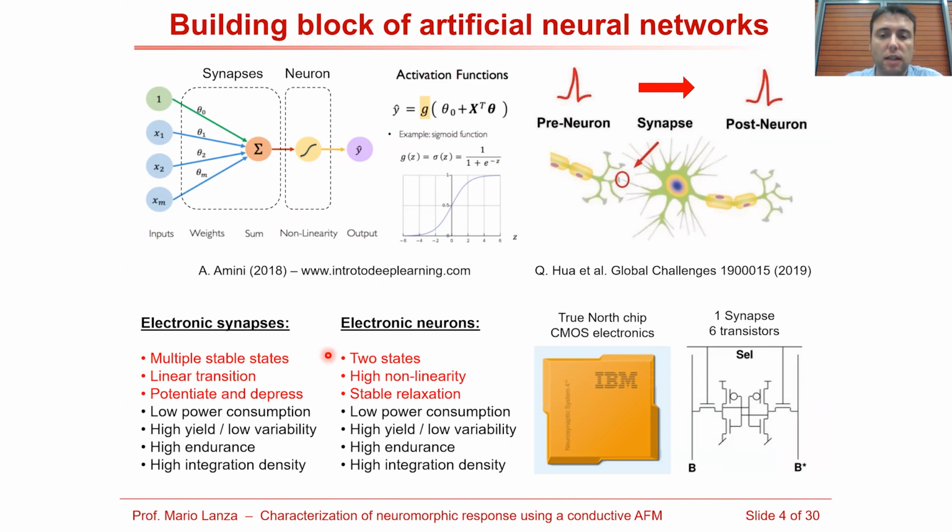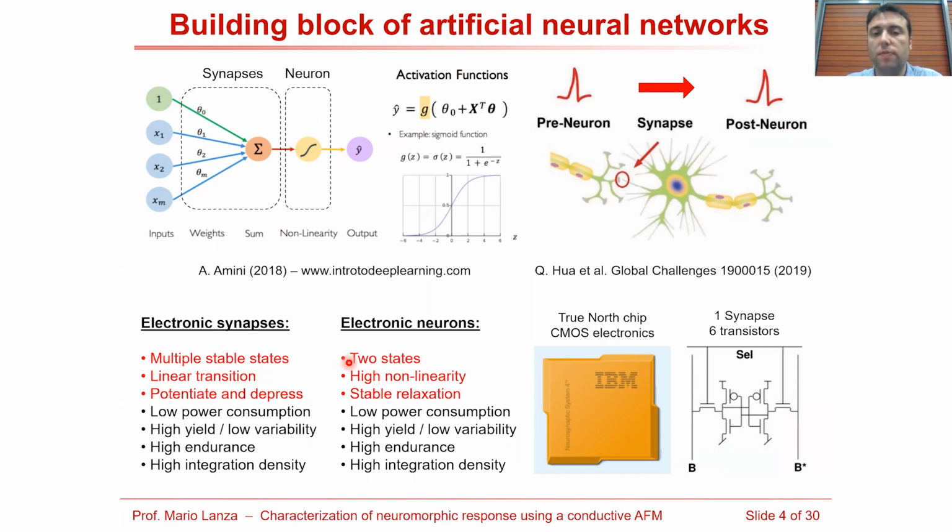Even with that, these elements may not meet the theoretical technological requirements: the synapses need to exhibit multiple states, they need to exhibit a linear transition between them, and they need to be able to potentiate and to depress, which means to go upwards in these levels and also downwards.